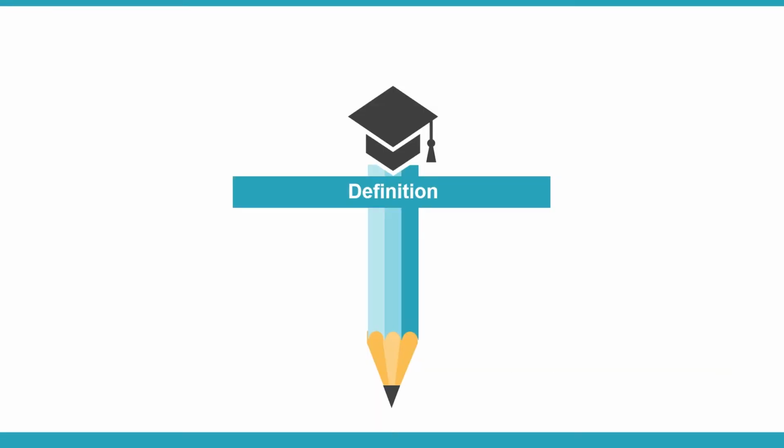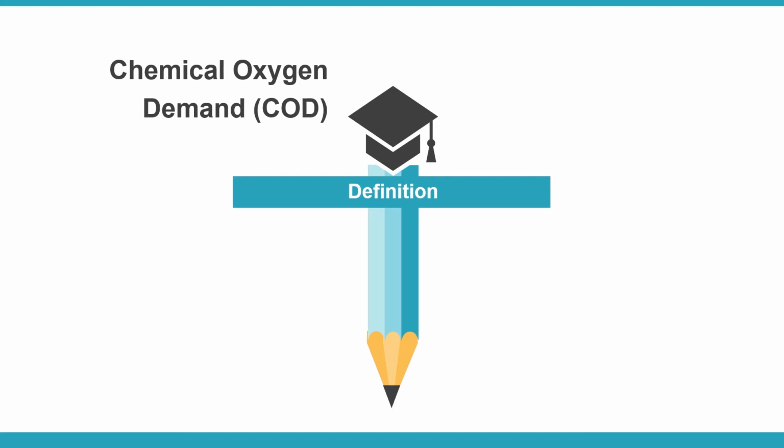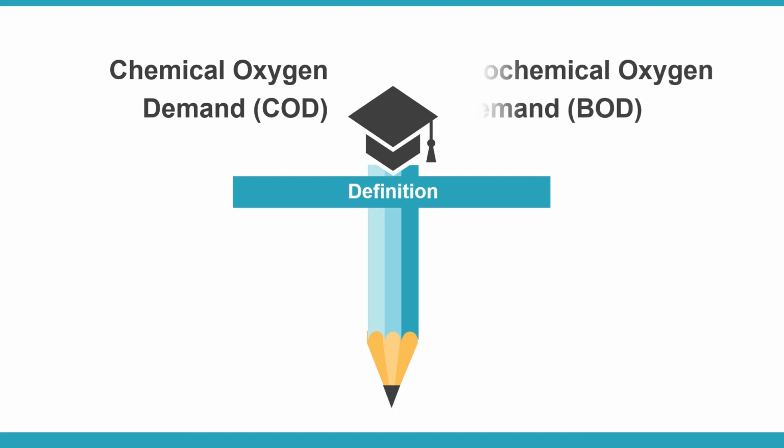What exactly are the chemical oxygen demand or COD and biochemical oxygen demand tests? Both COD and BOD test methods aim to give an indication of the amount of pollution in a water sample. But there is a slight difference between these two tests.